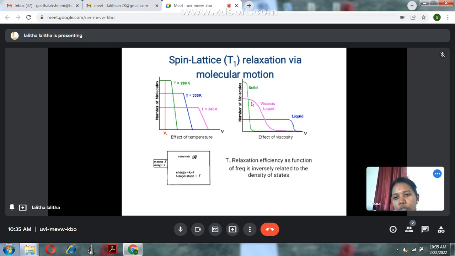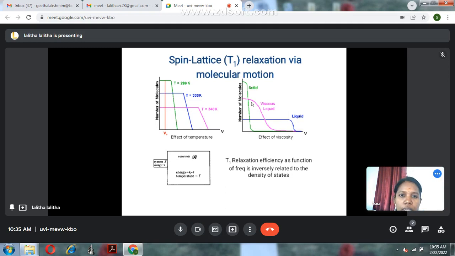First, the effect of temperature: the green signal indicates the temperature T is equal to 280 K, the blue color indicates the temperature T is equal to 300 K, and the pink color indicates T is equal to 340 Kelvin. So this shows the number of molecules versus the effect of temperature.